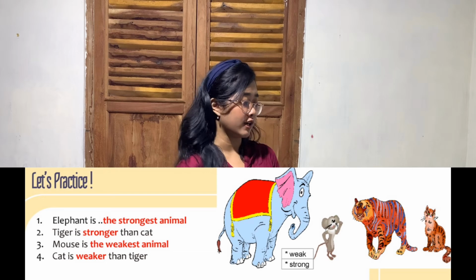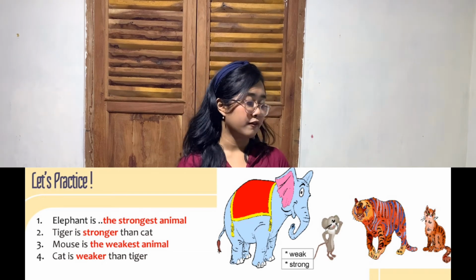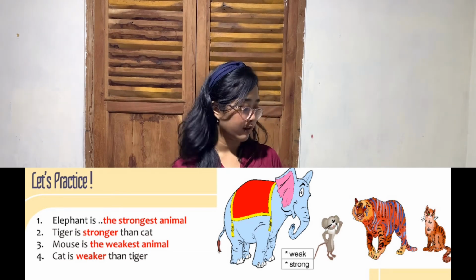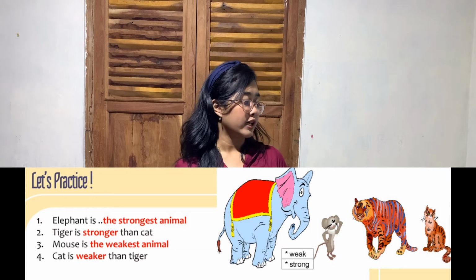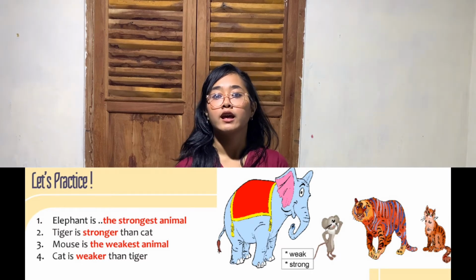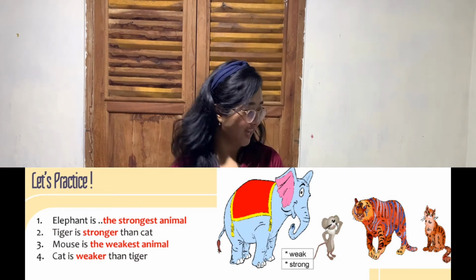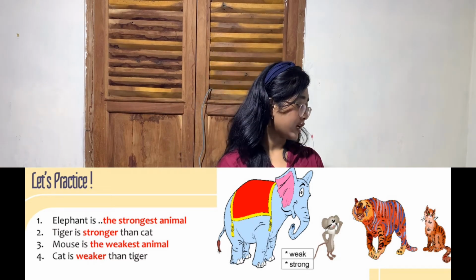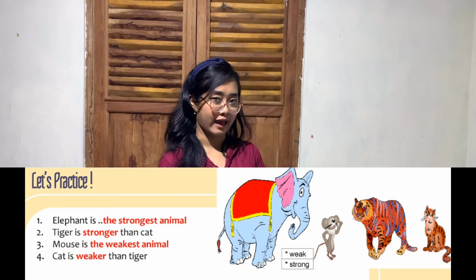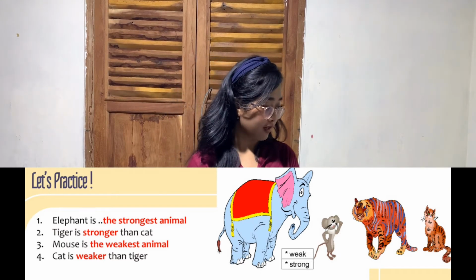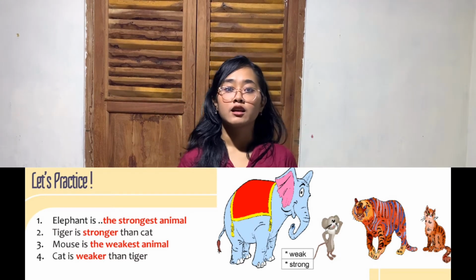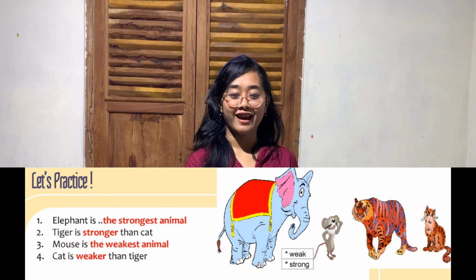So based on the picture, elephant compared to mouse, tiger, and cat, it is the strongest animal because it is the biggest one, right? Okay. Number 2, tiger is stronger than cat. Why? Because tiger is bigger than cat, right?